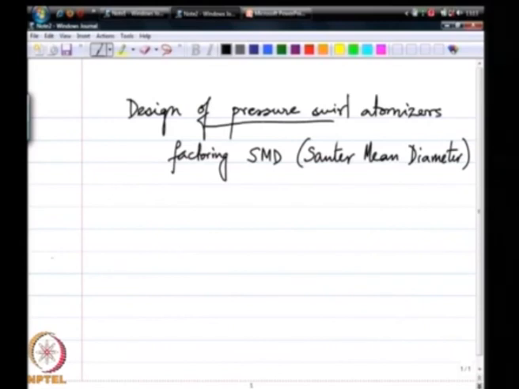Now, one of the ways in which drop size has been factored into spray equations is through the use of linear instability analysis. We looked at that.